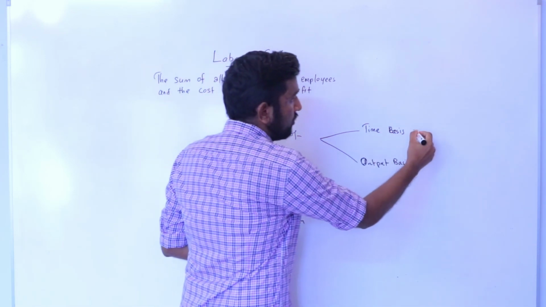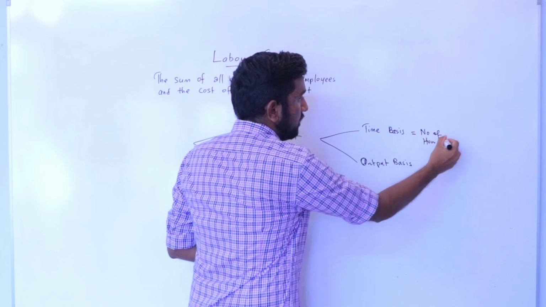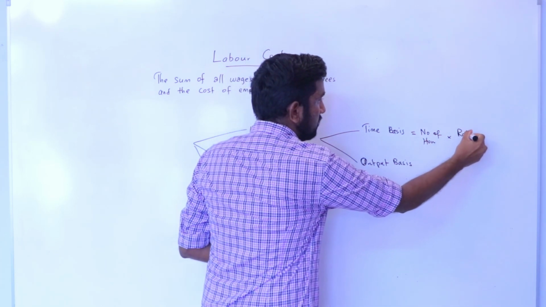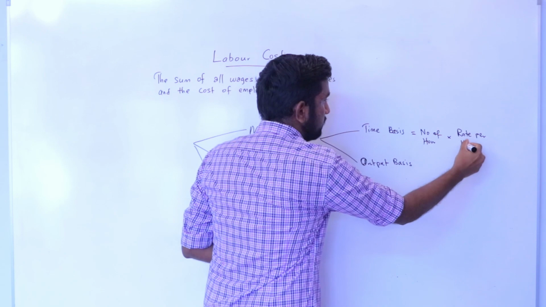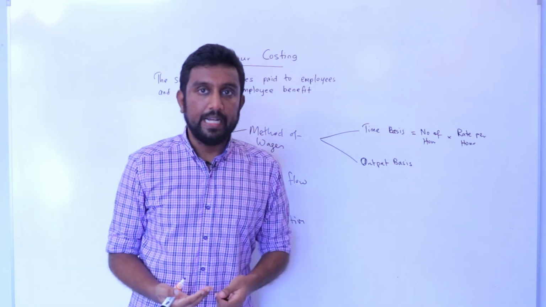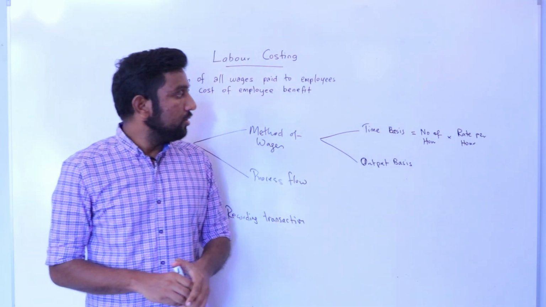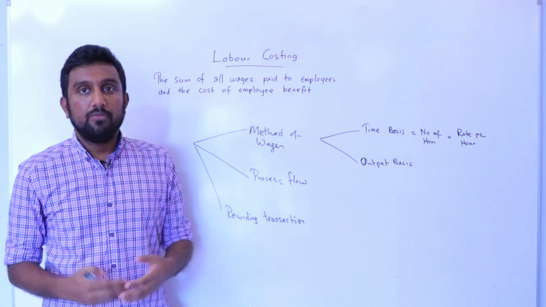So time basis equals number of hours into rate per hour, right? So this is the basic. You should know the basic way of calculating the wages for the employees.